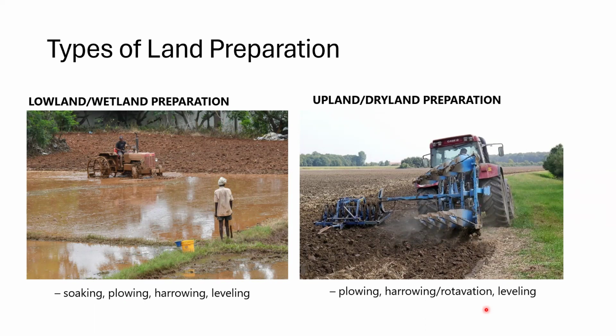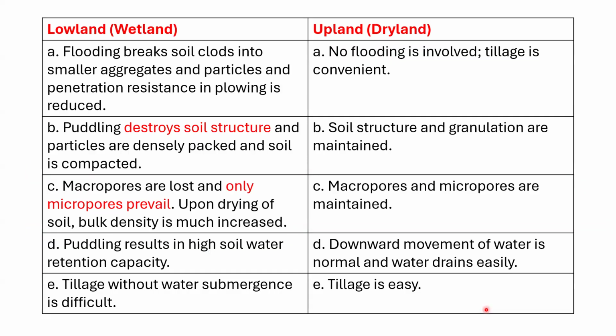Okay, so let's discuss further the differences between these two land preparation types. So I've made here a table showing their differences. So under lowland or wetland preparation, flooding breaks soil clods into smaller aggregates and particles, and penetration resistance in plowing is reduced.